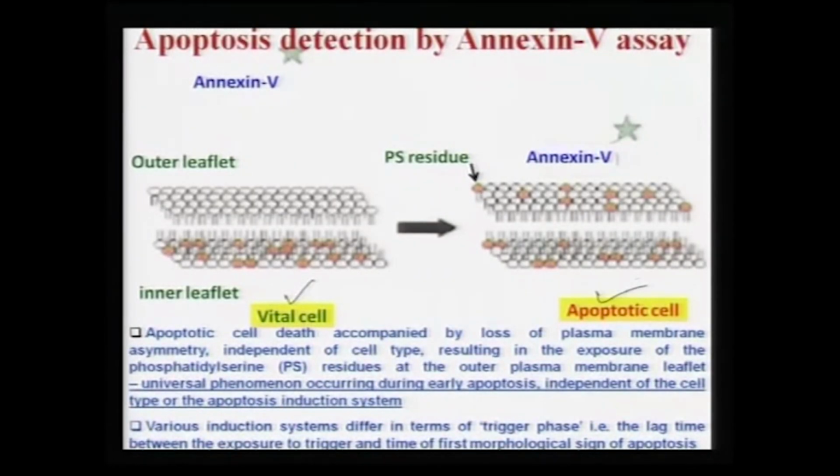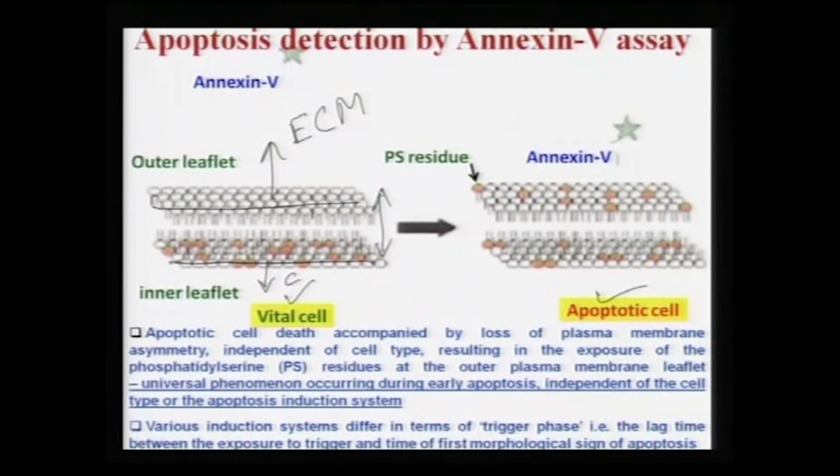Now, this is the typical structure of the plasma membrane, which is a double layer kind of structure. So, this is the top layer which is exposed to the ECM, the extracellular matrix. This is the bottom layer which is exposed to the cytoplasm. Okay.